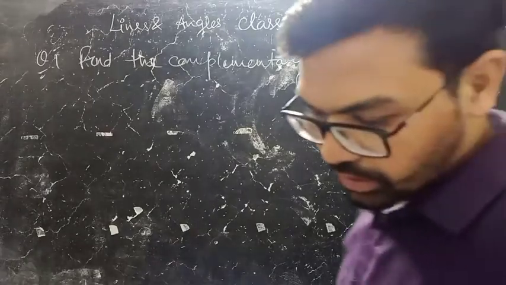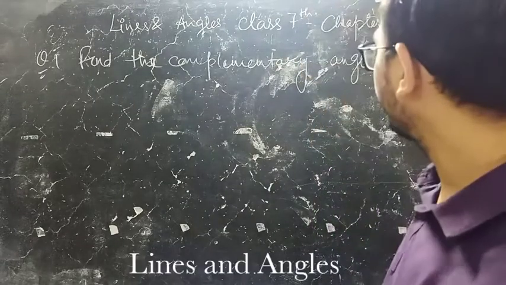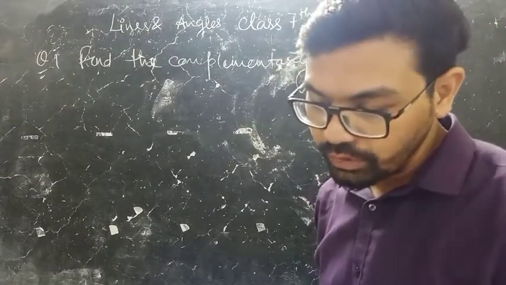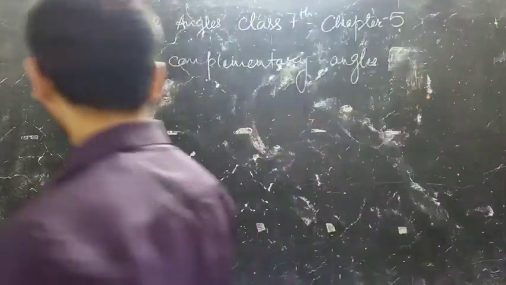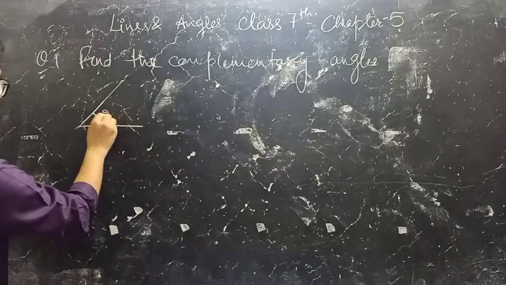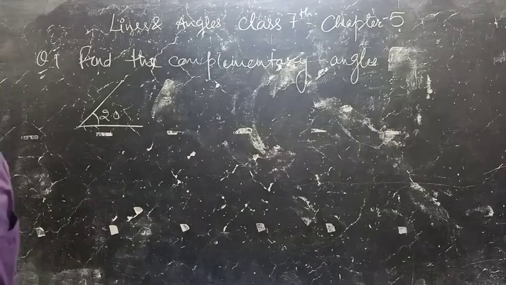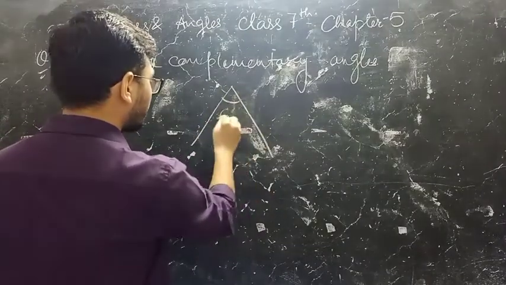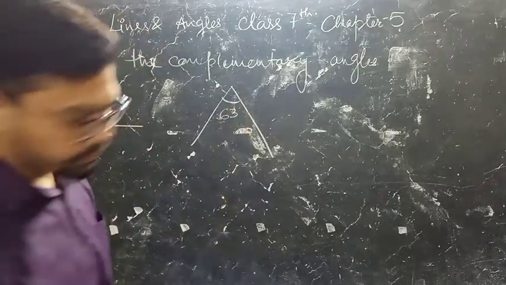So students, this is question number 1 of your exercise 5.1. Find the complement of each of the following angles. So let's say the first angle is 20 degrees, second is 63 degrees, third is 57 degrees.